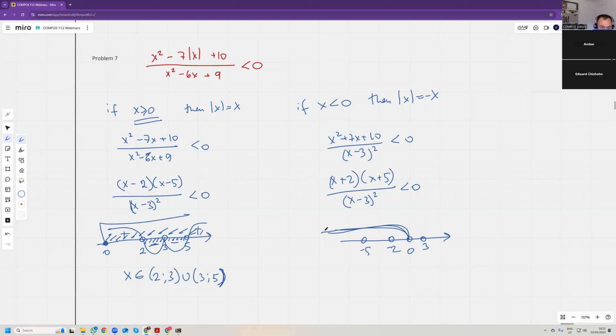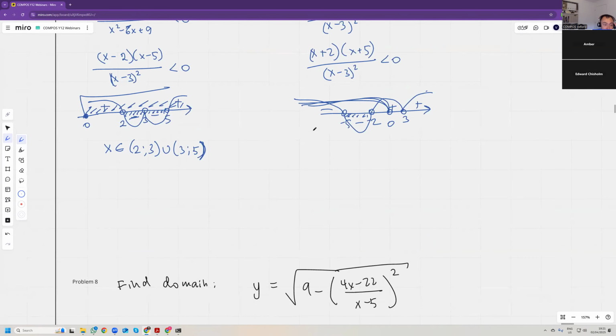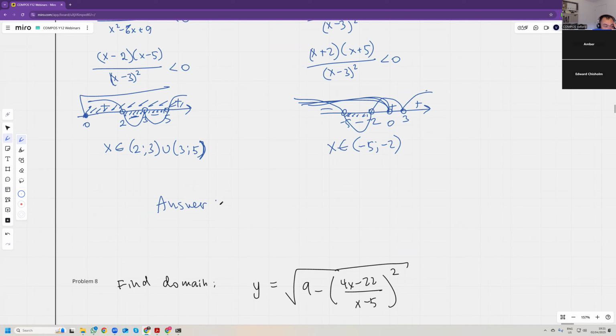We are only interested in the values that are less than 0, so the function goes positive, positive, negative, negative. We need negative values, so that's between minus 5 and minus 2. So x is from minus 5 to minus 2, and so the answer is x belongs to from minus 5 to minus 2, or from 2 to 3, or from 3 to 5.